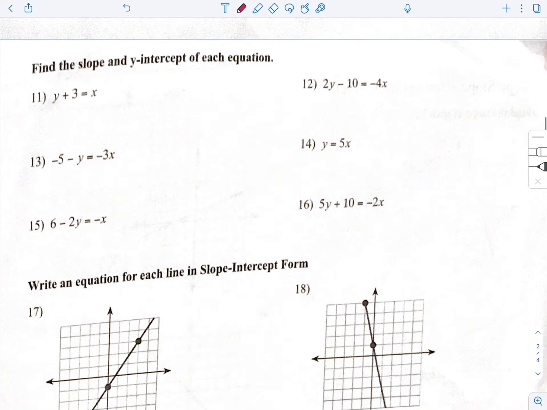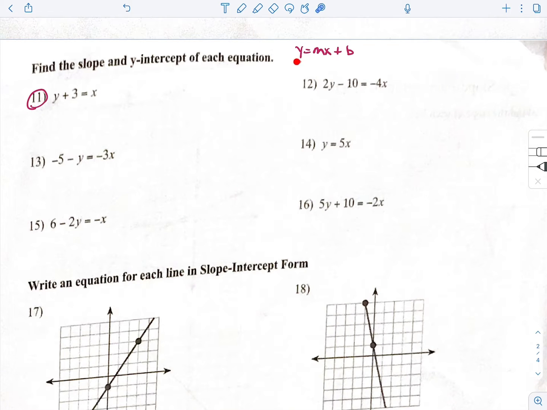So then it says find the slope and y-intercept of each equation. All right, so for number 11, we're given y plus 3 equals x. Now, slope and y-intercept reminds me of slope-intercept form, which is y equals mx plus b.